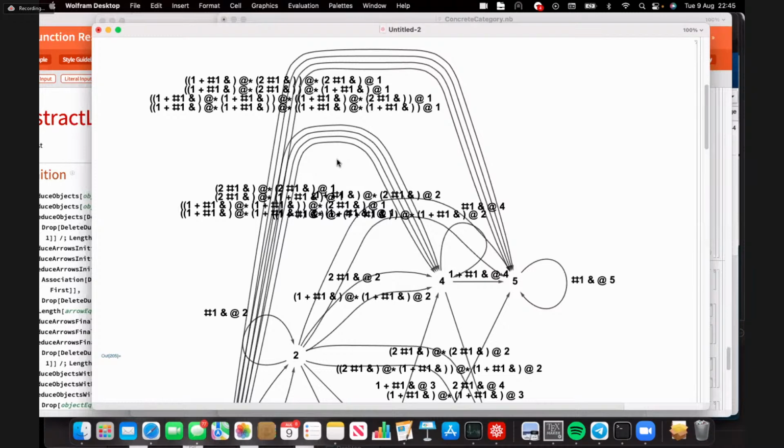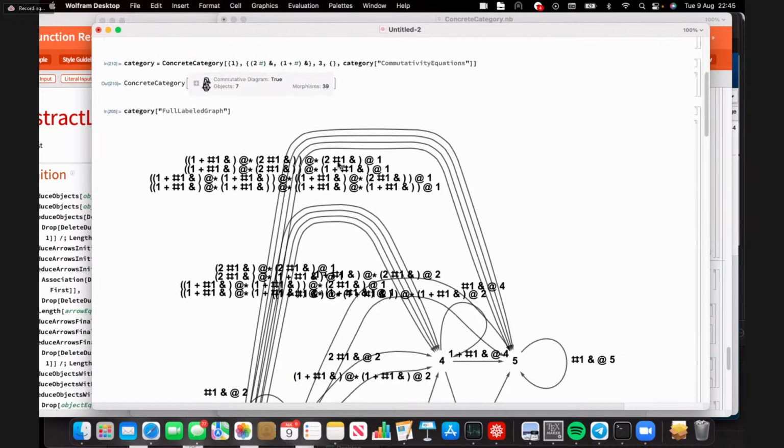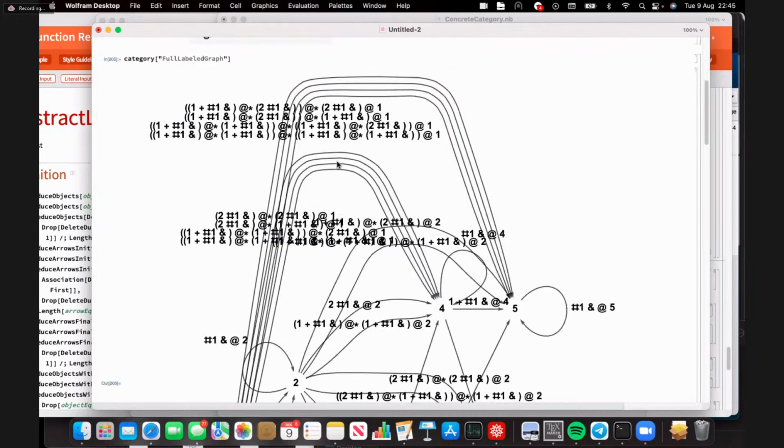Well, wait a minute. This is an infinite category of Wolfram language expressions. You're saying when we draw this diagram, every possible transformation corresponds to an edge, though that transformation might involve huge amounts of gnashing of teeth to get from one expression to another.